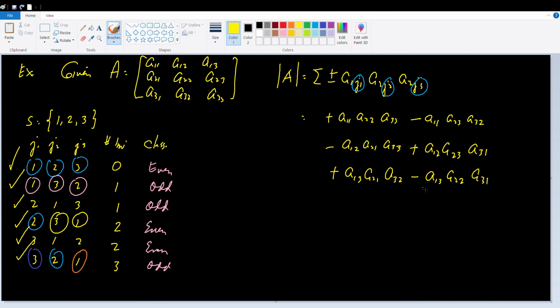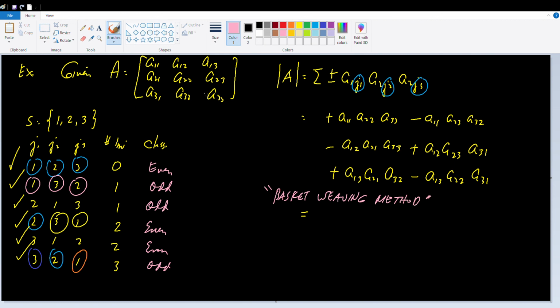There. So if these are actual digits, you simply replace all these by the given numbers or the given digits. Okay, at this point, this expression is exactly the same expression that we will get if we use the so-called basket weaving method of finding the determinant of a 3 by 3 matrix.